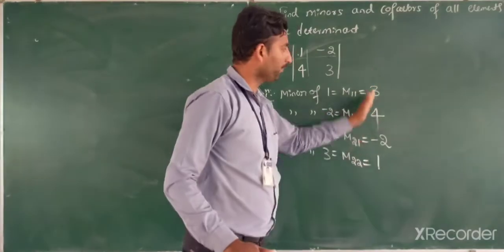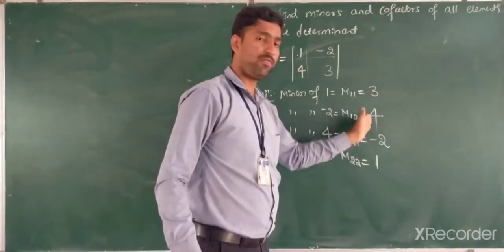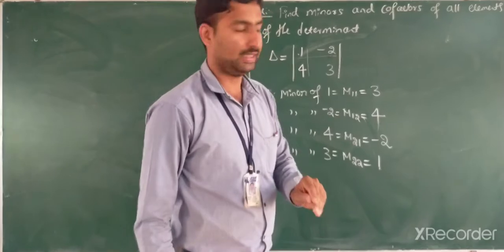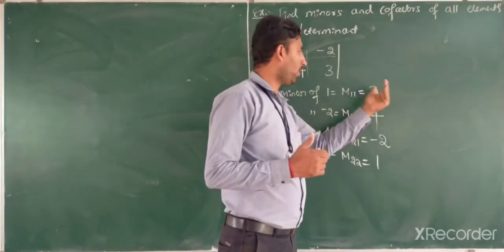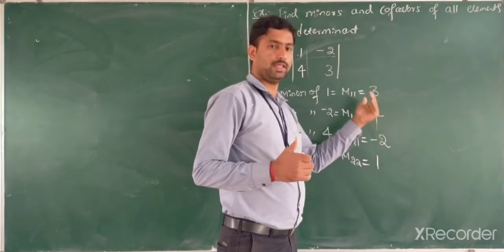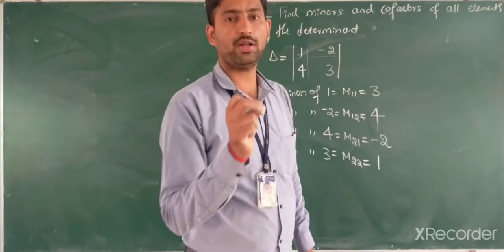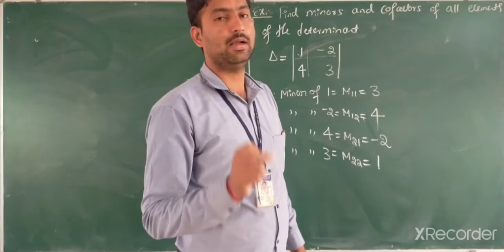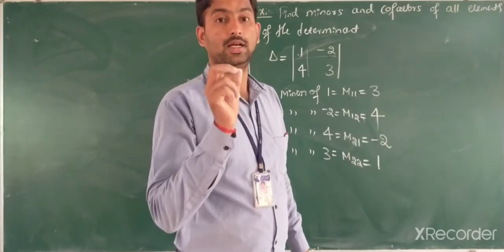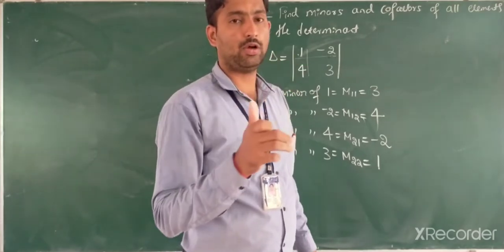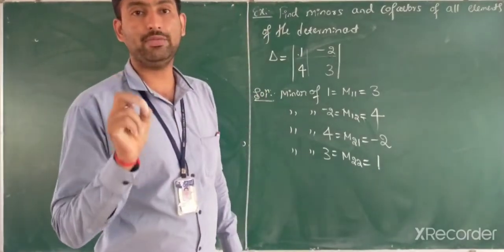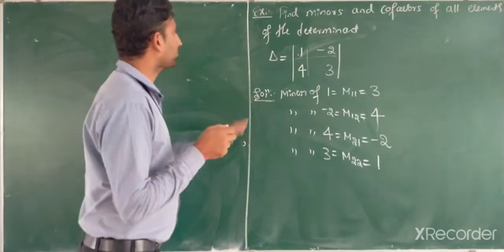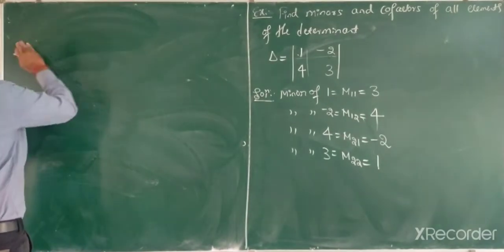We have found the values of minors of each and every element. Then before the value of each number, we put a positive sign or negative sign. That means minor is nothing but eliminating the ith row and jth column where the element aij lies. But cofactor is nothing but minor with suitable sign. Then I will find the cofactors.